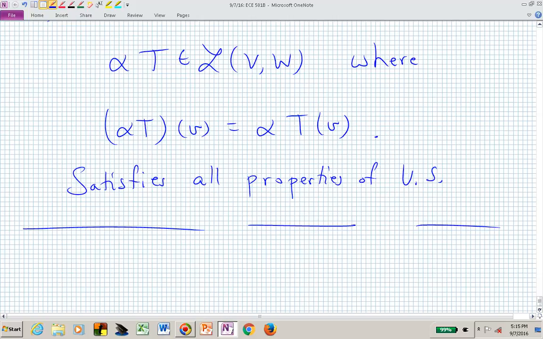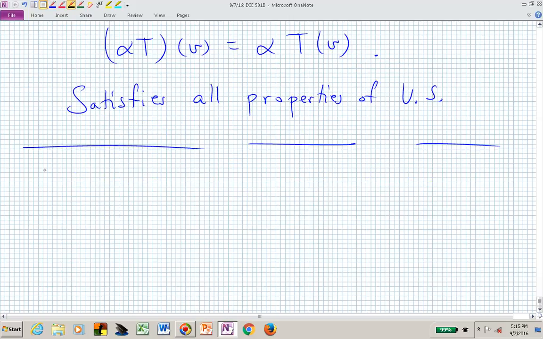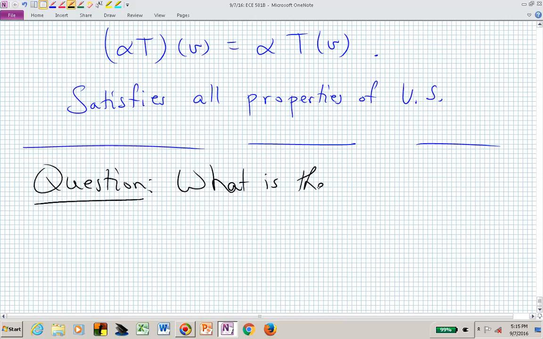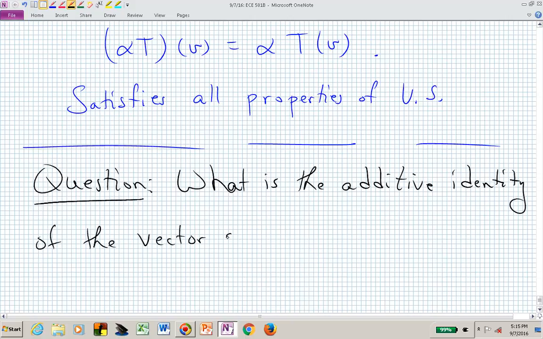Now, here's a question to end on. What is the additive identity of the vector space L of V, W?